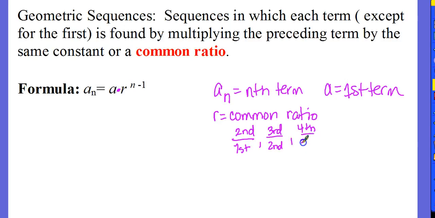And I'll just make sure that the pattern doesn't change by dividing two successive numbers with the larger one on the top, the larger position over the smaller position. And that's how you'll find your common ratio. And n is, of course, the number of terms that you're measuring in the sequence.